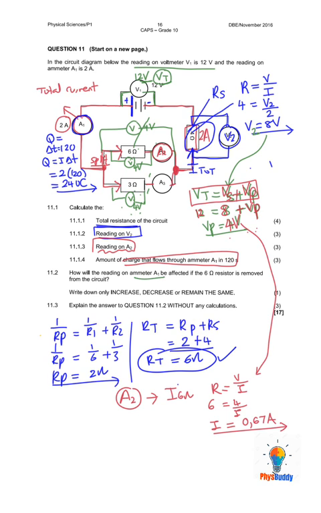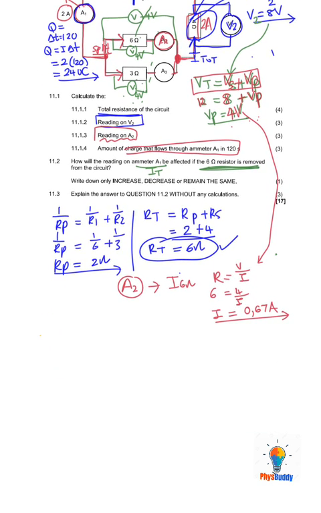How will the reading on ammeter A1 be affected? Now, ammeter A1 we said is the total current if the 6 ohm resistor is removed. Increase, decrease, or remain the same, and explain your answer. So we know that if we remove a resistor from parallel, we can see the 6 ohm resistor is connected in parallel. If we remove it, as they say, then we have now removed a resistor from parallel.